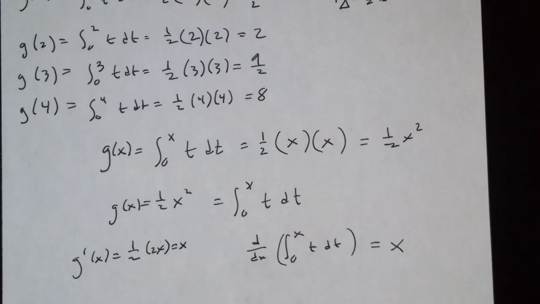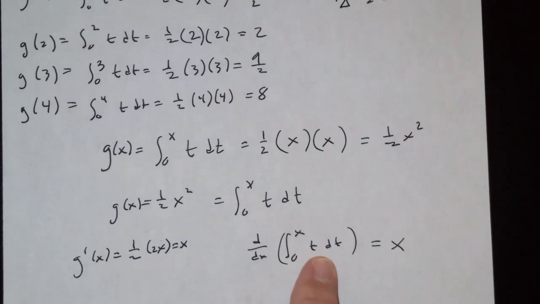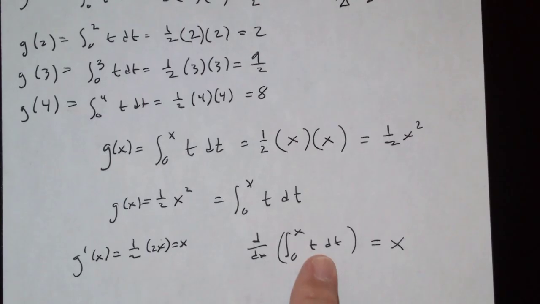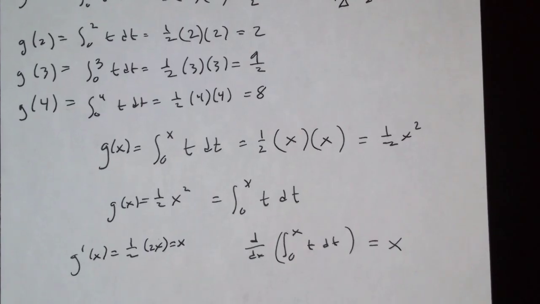Now, I remember when we first were talking about definite integrals as areas last Wednesday, we said that the variable in here was really a dummy. It was a placekeeper. So I could think of that integral in terms of any letter I want.